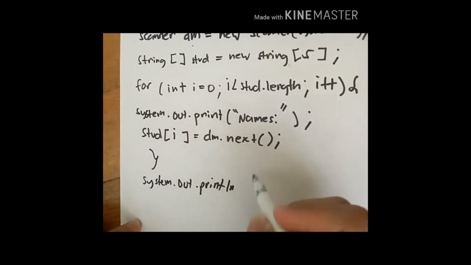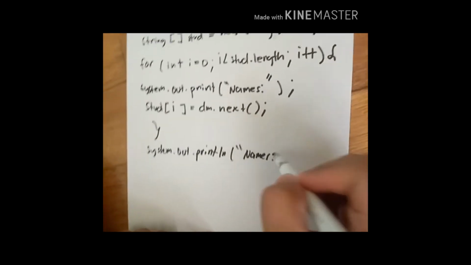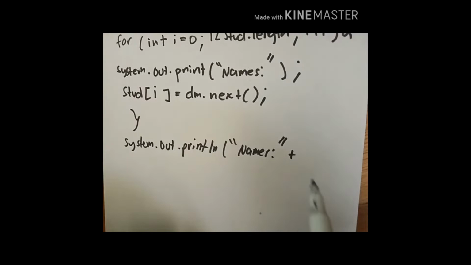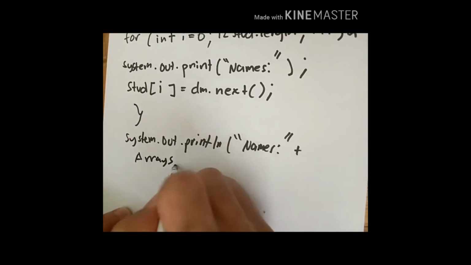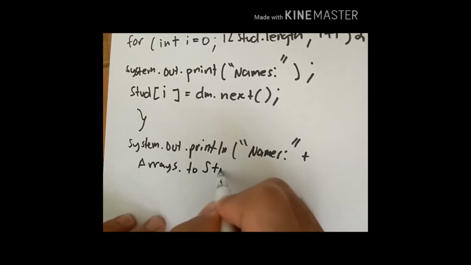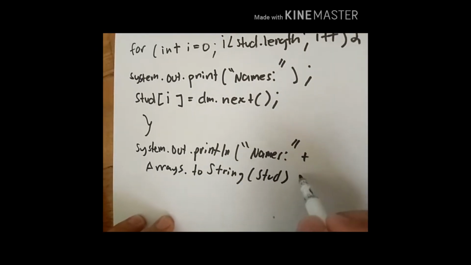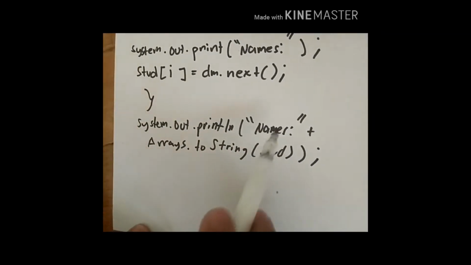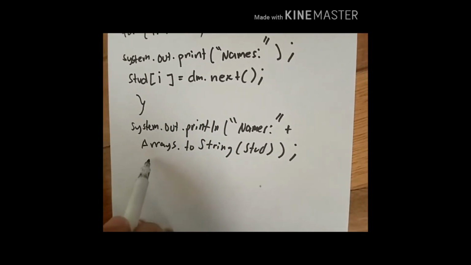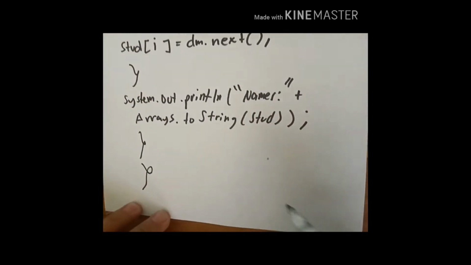Then after nun, ipiprint natin ang names na in-enter ng user using Arrays.toString and stud, para ipiprint natin ang lahat ng in-enter na names ng user. Then closing curly braces. And that's all for arrays.